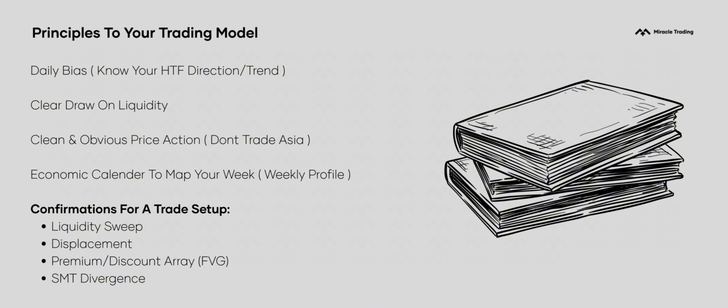When you are against the daily bias, against the daily direction, every setup you see is not going to work. And this, again, is where traders think their model or strategy doesn't work. Have a clear draw on liquidity. You should see clean highs and equal lows that are clear to target, with clean and obvious price action.